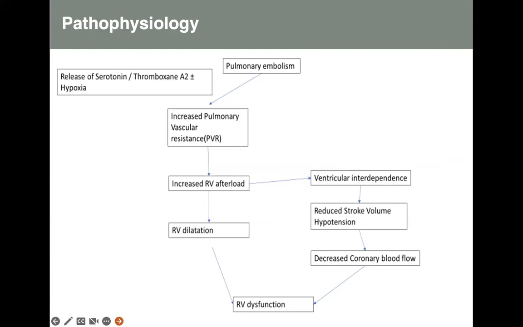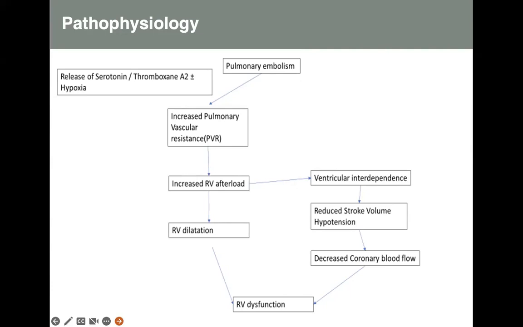When you have pulmonary vascular constriction, it causes an increase in pulmonary vascular resistance. Once you have increased pulmonary vascular resistance, you will have increased right ventricular afterload. Then you will have right ventricular dilatation and right ventricular dysfunction, because the right ventricle needs to work so hard to overcome the resistance. And you also end up with decreased coronary blood flow, so myocardial ischemia.